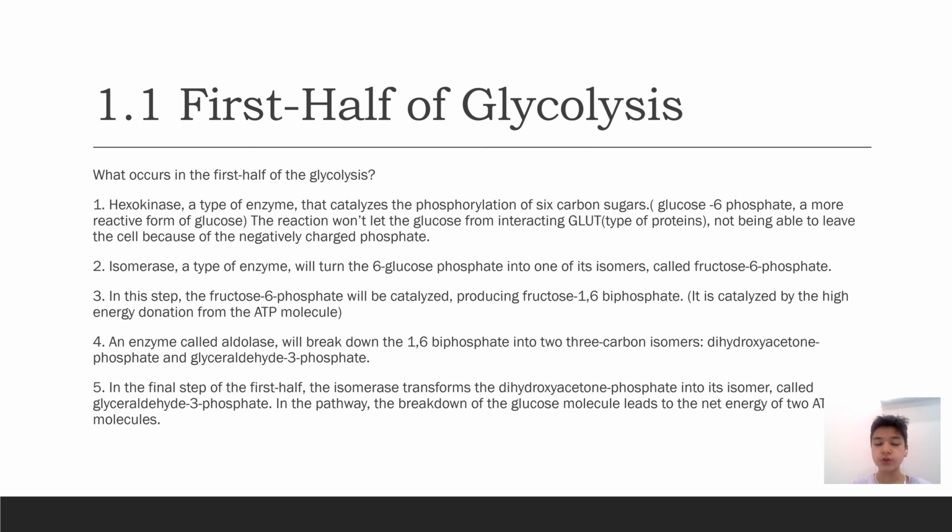What I was trying to explain in this step is that the ATP molecule will donate high energy to the fructose 6-phosphate, catalyzing and producing fructose 1,6-bisphosphate, which is a type of isomer.